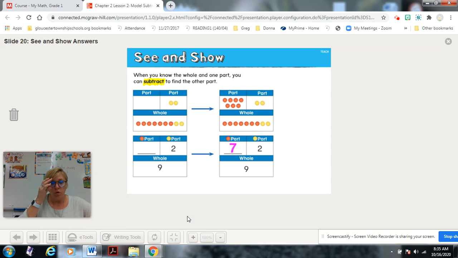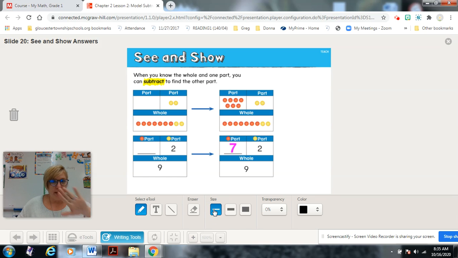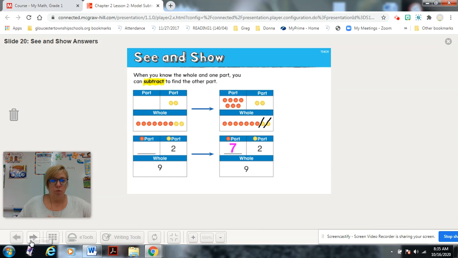Now, if I were to work on this on paper, again, what I like to do is let my eyes see what's being moved, because like I've told you before, we can't move it if it's on paper. So if you know you have 2 parts in there, you could just put them up here, and then you would know the rest go over here. All right? We're going to keep going over this, so don't worry.